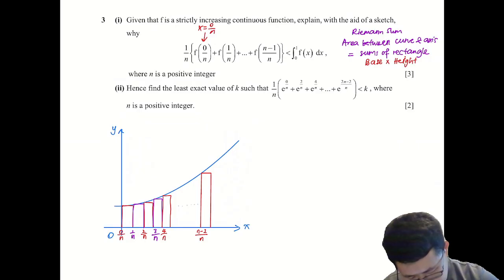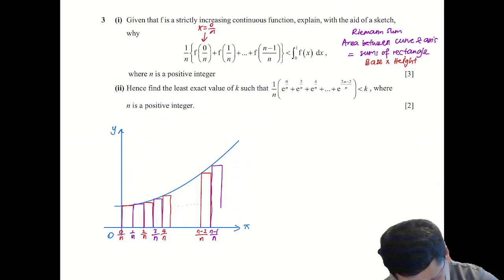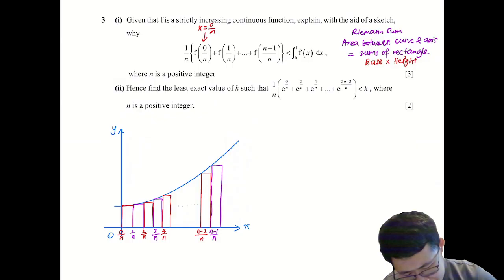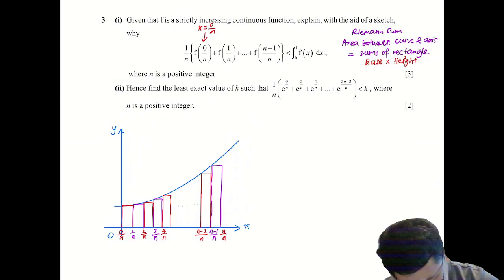Then the next one after n minus 2 will be n minus 1. Your rectangle will be like this. Last but not least, it will be n over n, where your rectangle will be like this.